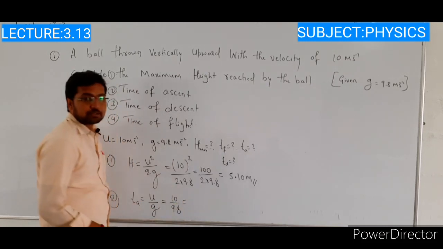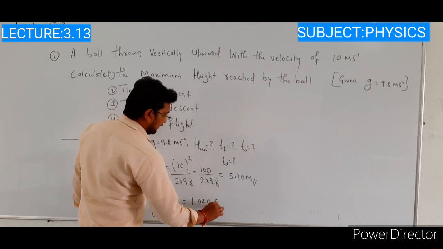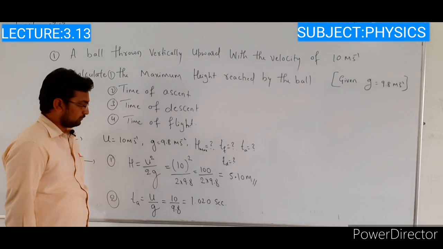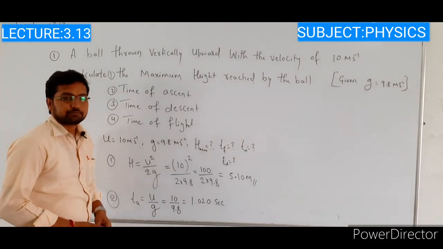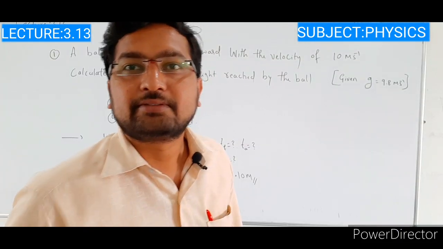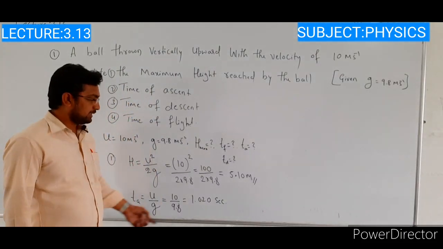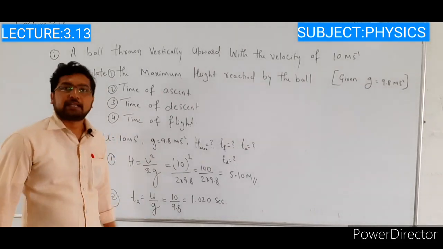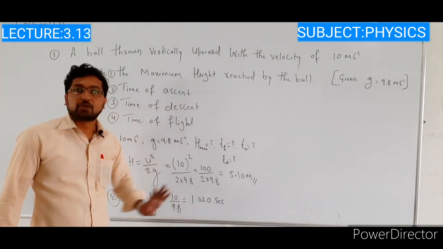So its value is 1.020 seconds. Similarly, the time of descent formula is also the same, u by g, and its value is also 1.020.